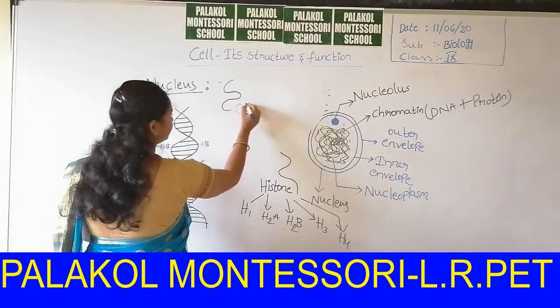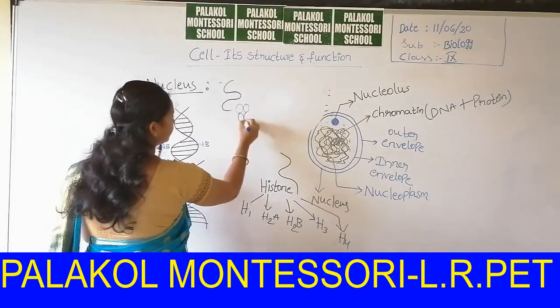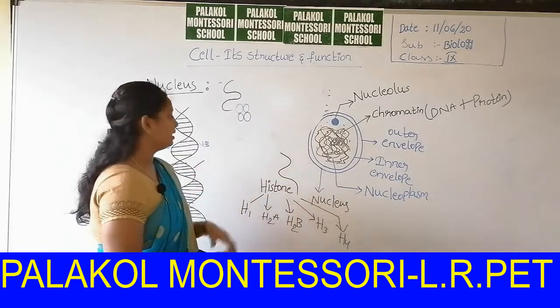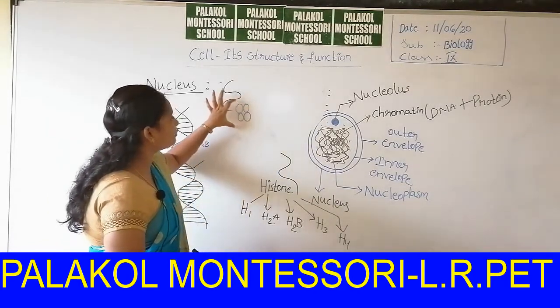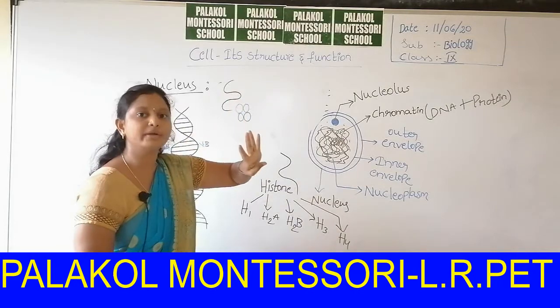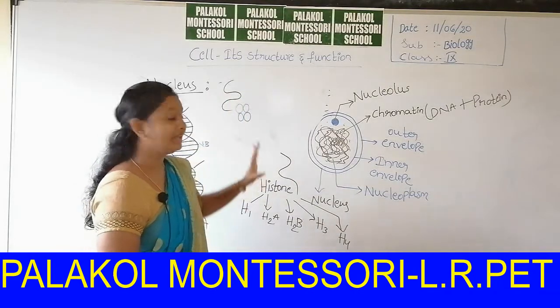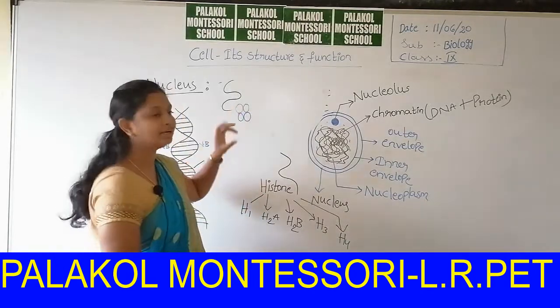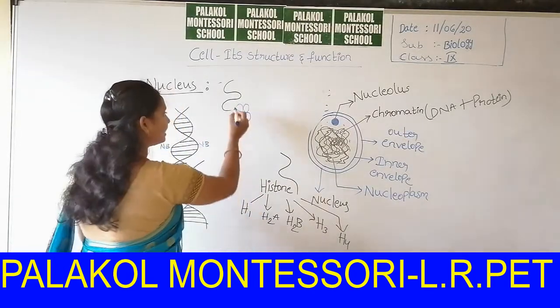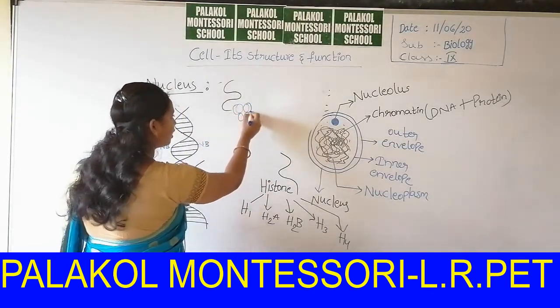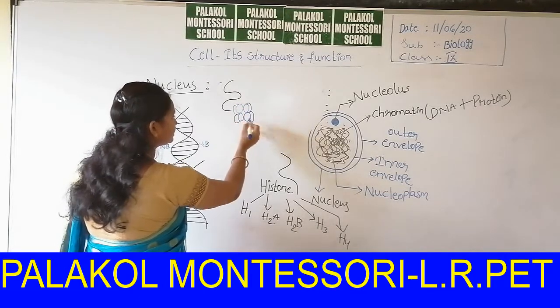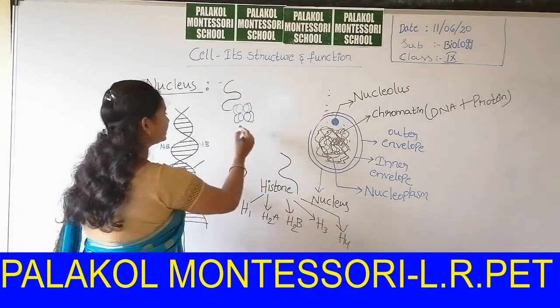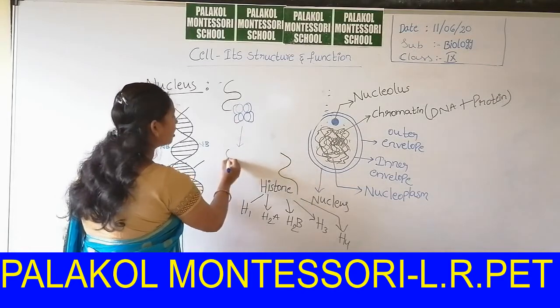Okay, these are the histone proteins. In a one-dimensional view only 4 proteins appear, but actually there are 2 pairs of proteins, each having 2. That means overall 8 proteins are present. So this is called a histone octamer.